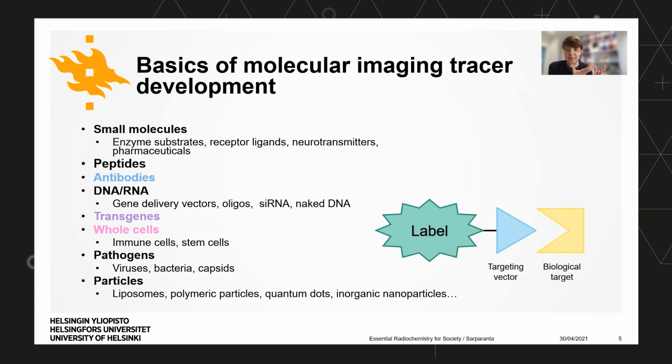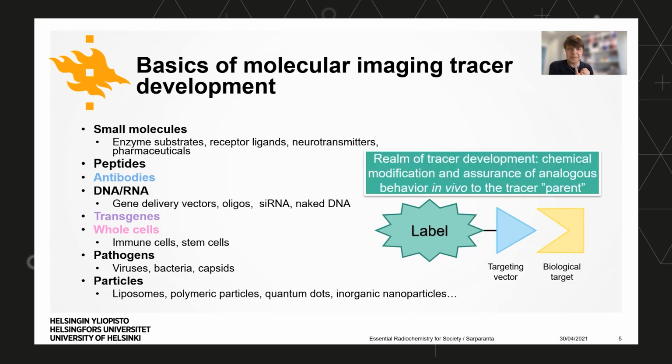We can think of developing imaging tracers literally out of anything, from low molecular weight compounds, active pharmaceuticals, neurotransmitters, enzyme substrates, metabolites, in ascending molecular weight to peptides, antibodies, DNA, RNA, imaging of transgenes, whole cells, which is going to be the topic of this talk, and even pathogens or particles such as nanomaterials.